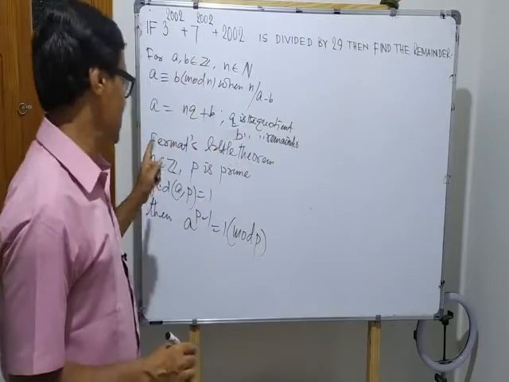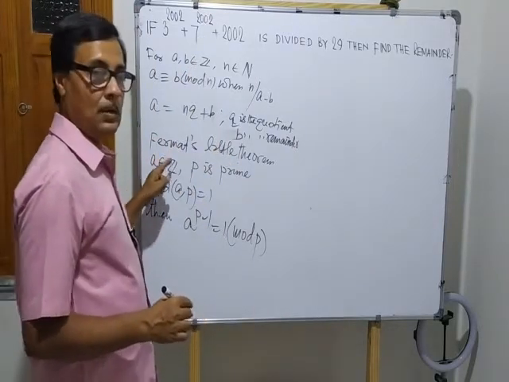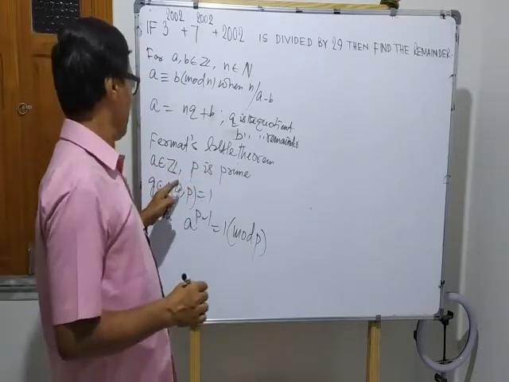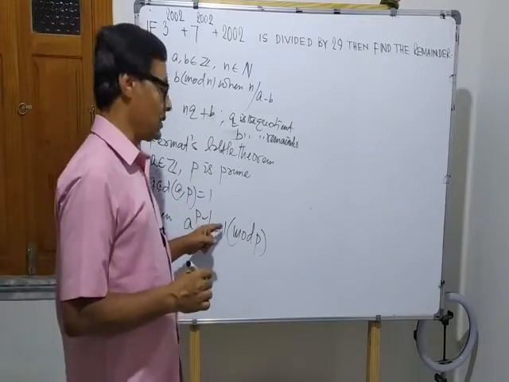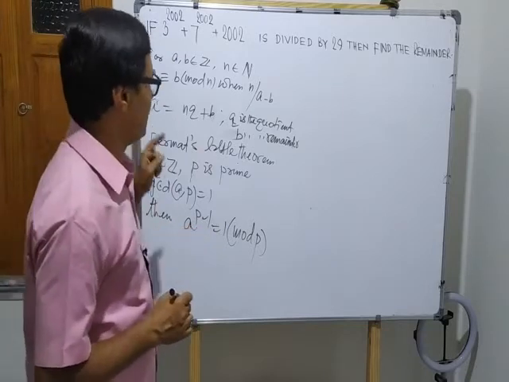Fermat's little theorem states that if a belongs to the set of integers, p is prime, and the GCD of a and p, the greatest common divisor, is 1, then a to the power p minus 1 is congruent to 1 modulo p. This is the statement of Fermat's little theorem.